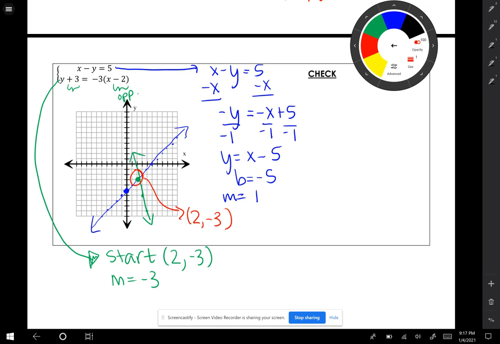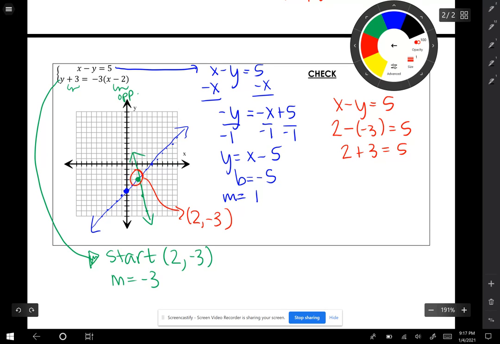We can check it to make sure we did it right in both of the original problems. For the first original problem, x minus y equals 5, I'm going to replace x with 2, minus, then replace y with -3, equals 5. The two minuses become a plus, so 2 plus 3 equals 5, 5 equals 5, so that checks out. Now let's try it in the next equation. y plus 3 equals -3 times x minus 2.